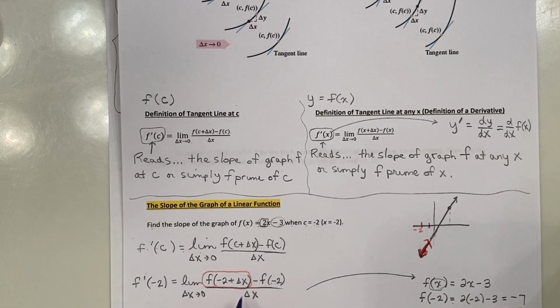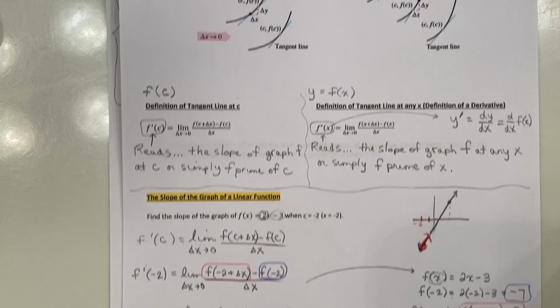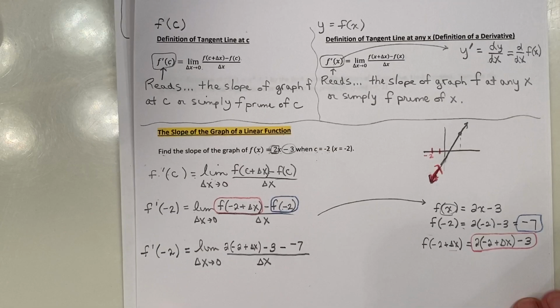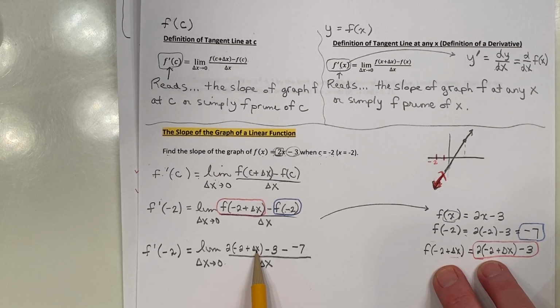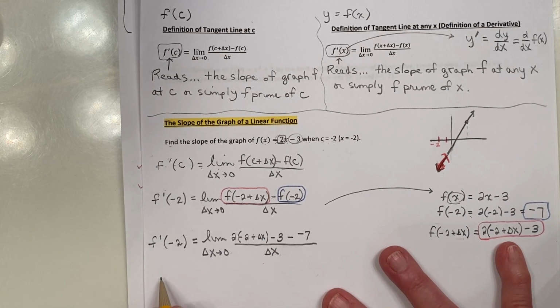And then I'm going to subtract, because I'm at the subtraction sign, f of -2. Well, f of -2 was -7. So I'll put that in here, all over delta x. If you tried to plug in 0 now for delta x, you're still going to get 0 over 0, indeterminate. So what do we do? Let's just do some algebraic work here.